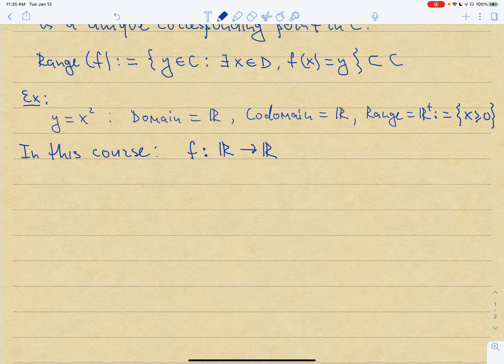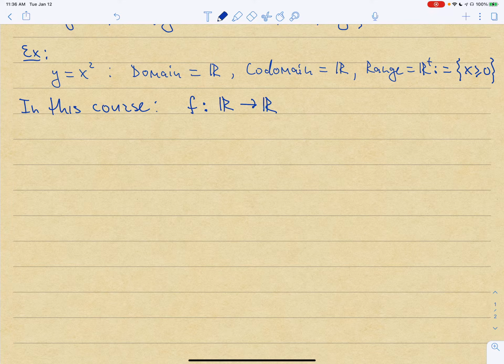For example, you can have functions from R2 to R, in which case this is just a standard function of two variables, or you can have a function from R to R2, and that would be a function which assigns a vector to every point on a real line, or a function from R2 to R2. If you recall, this is something that is called a vector field, because to each point on the plane, this will assign a two-dimensional vector and so on. But in this case, we're going to keep the thing simple. So f is always going to act from a set of real numbers to a set of real numbers.